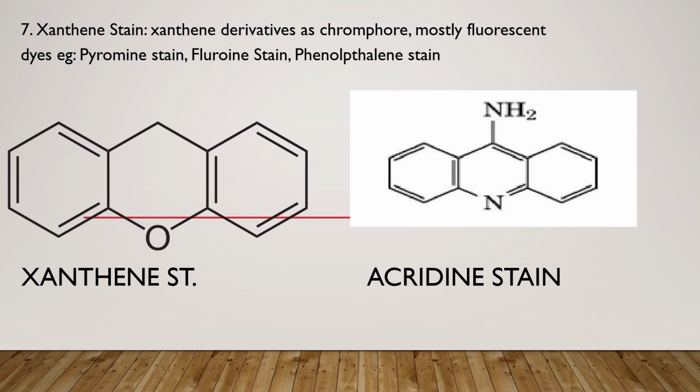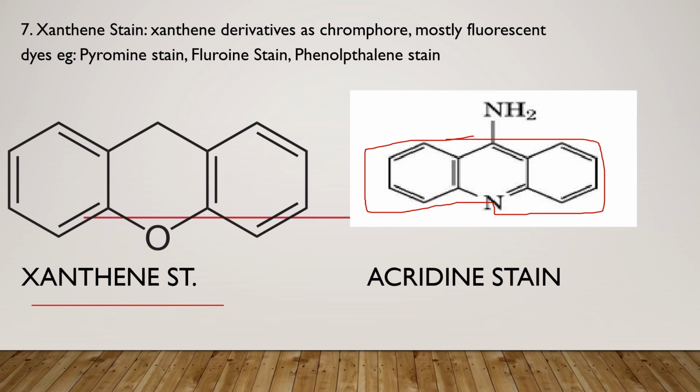Moving ahead, we have xanthene stain. Xanthene structure is given here. Xanthene derivatives are acting as chromophore. Like for example, here we have a xanthene derivative, not a xanthene structure, right? Here we have some kind of modifications in the middle ring.